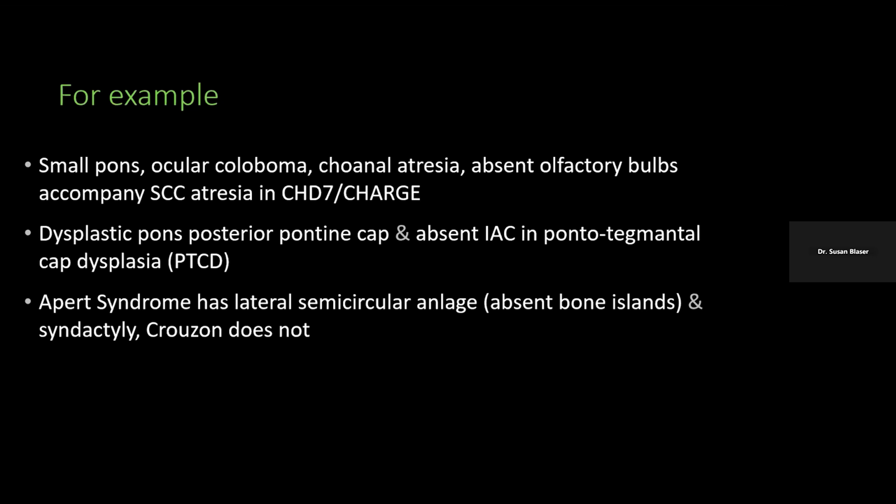Important because it's hard to really determine whether the IACs are going to be present in that particular disorder, but I promise you the nerves won't work. And then finally, in Apert syndrome, well, they have lateral semicircular canal anomalies, absent bone islands, and syndactyly, and in Crouzon, the other one that's going to be the differentiation of the bicoronal synostosis, they do not.